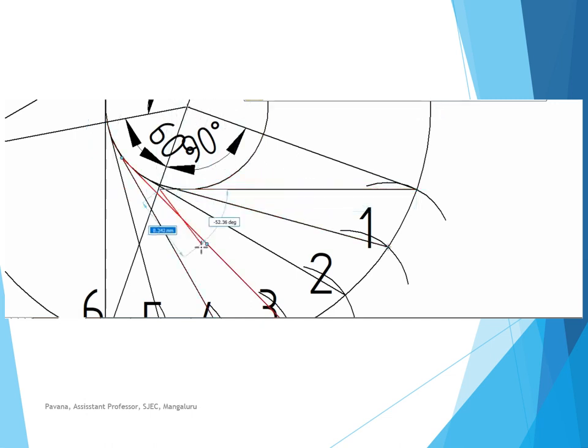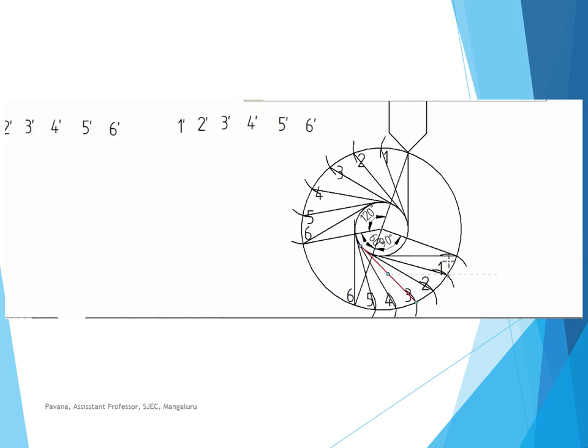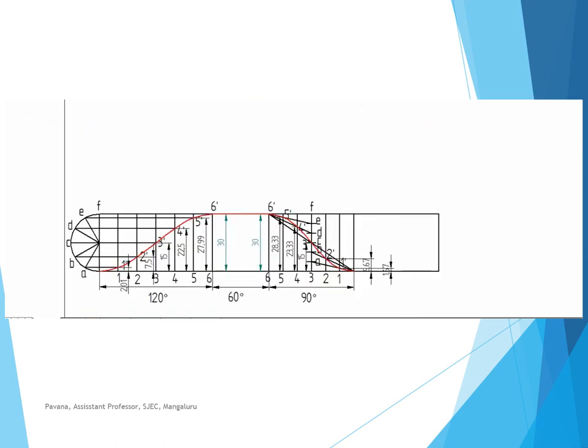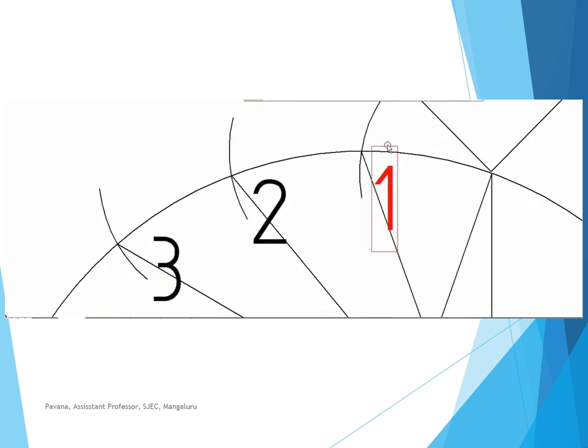Now, after drawing the tangent lines, we will go back again to the displacement diagram. How you extended the lines from the displacement diagram in the radial follower, the same way measure that 1 dash line and extend this tangent line. The same tangent line has to be extended.